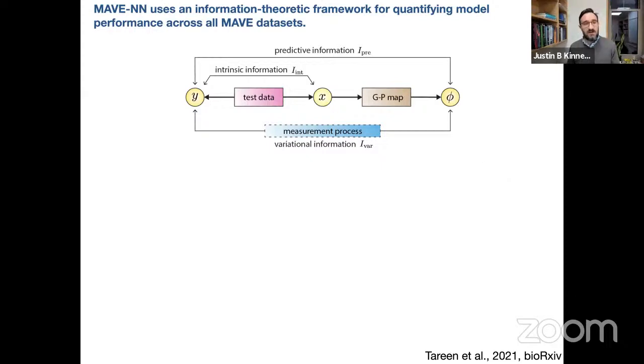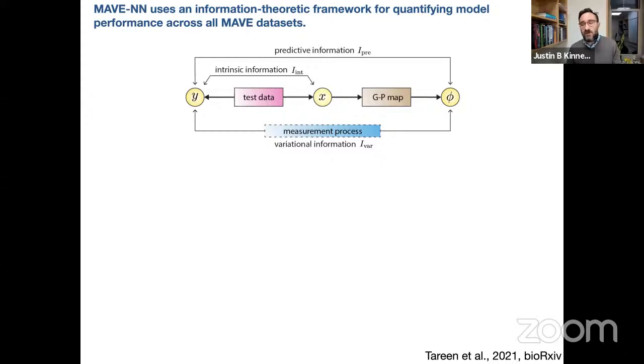Finally, on the conceptual side of things, Maven uses an information theoretic framework for quantifying model performance across all MAVE datasets. I want to emphasize the importance of this. The diversity of MAVE datasets and their noisiness means that you cannot use standard metrics that are commonly used in machine learning, such as R-squared, mean squared loss, or accuracy, if you want to support all the types of data formats that MAVE experiments spit out.